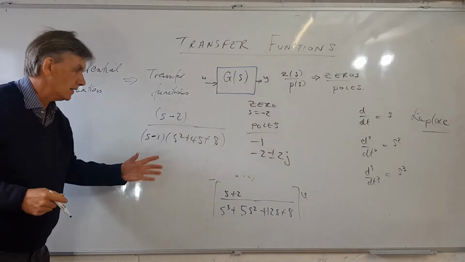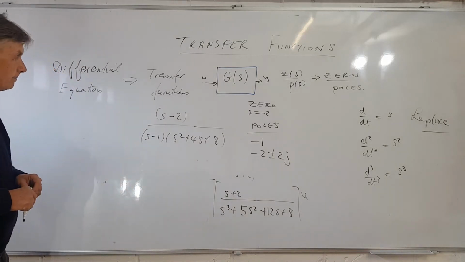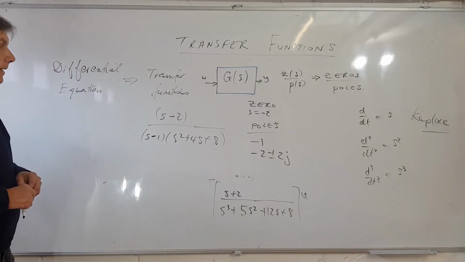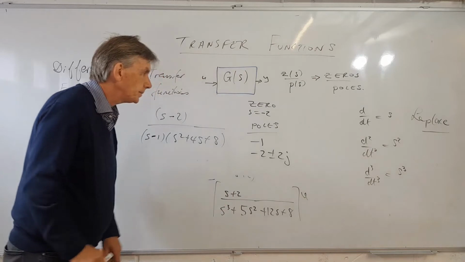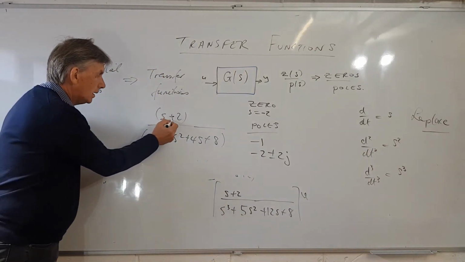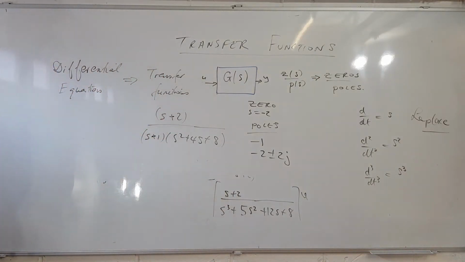So positive and negative signs can have an impact on the performance as well, and we'll need to investigate that through our work using Laplace transforms. For the moment, they are positive.